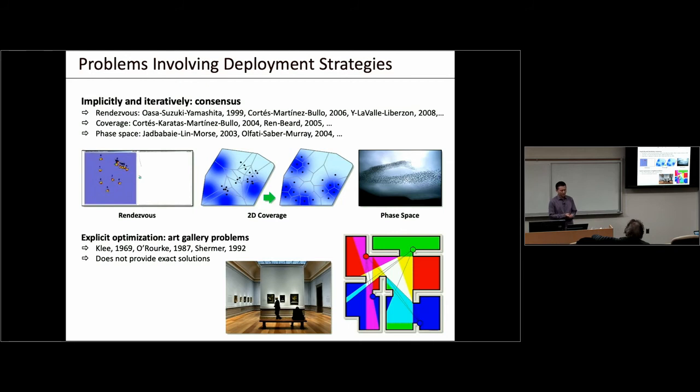And then from the computer science side, these problems are often studied as an explicit optimization problem, versus the control side, where it's often done as implicit and iterative solutions. A prime example here is the art gallery problem, where the general goal is to find locations of a bunch of guards so that every point in this polygon is visible from at least one guard.